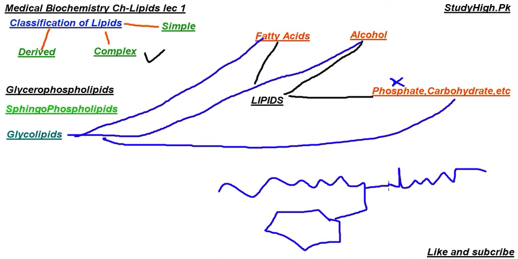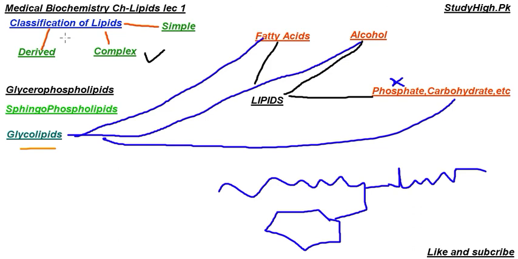The details of its structure and the functions of glycolipids in the human body we will discuss in our coming lectures, in lecture 6 approximately. So the constituents involved in the formation of glycolipids are fatty acid, alcohol that is sphingosine, and carbohydrate that may be glucose or galactose. These are the basic components of glycolipids.